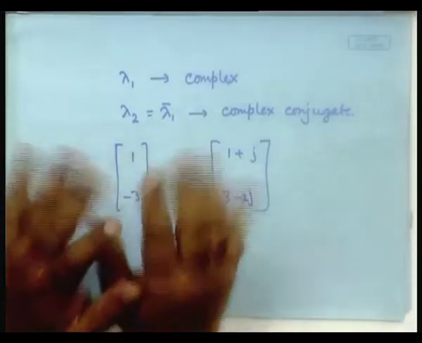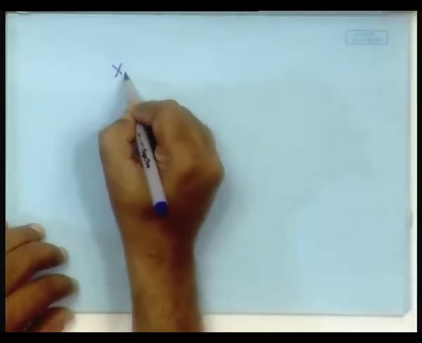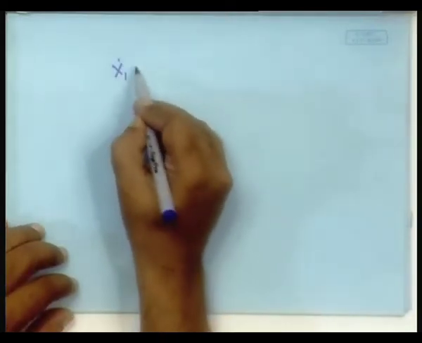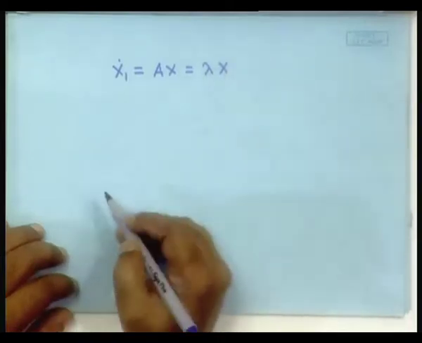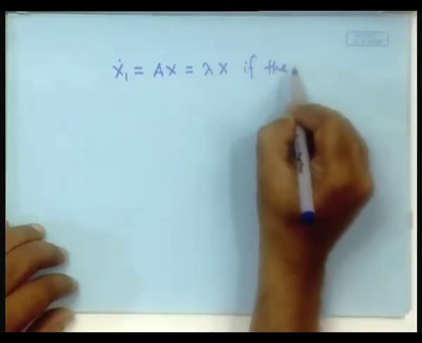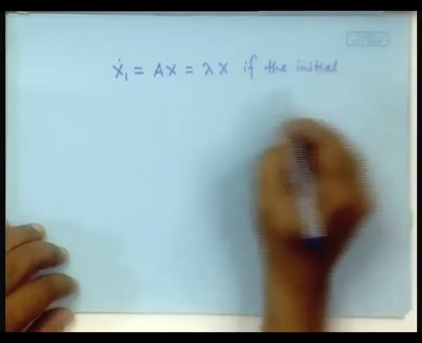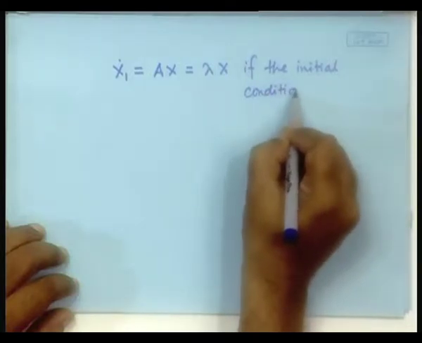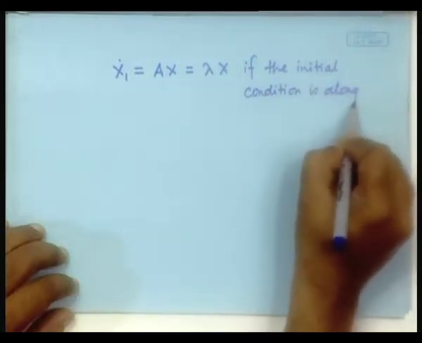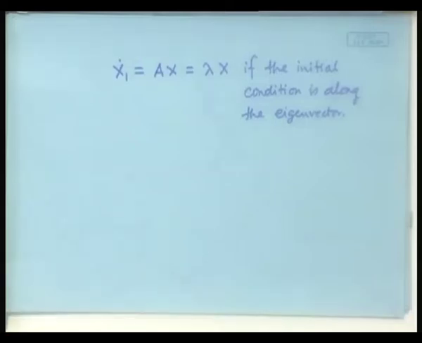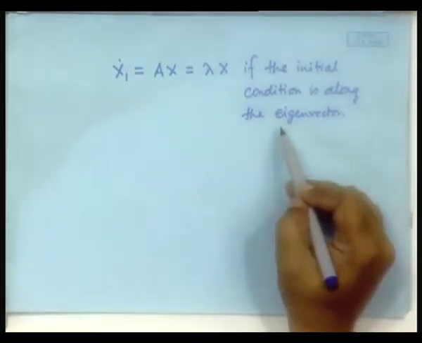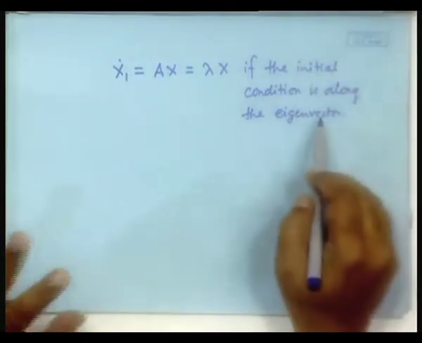Wait, patience, because the way to visualize would be that still this equation x dot is equal to A x is valid, that is equal to lambda x, if the initial condition is along the eigenvector. What is the meaning of the term if the initial condition is along the eigenvector? Obviously, it is not a physical vector, but still I will clarify that.